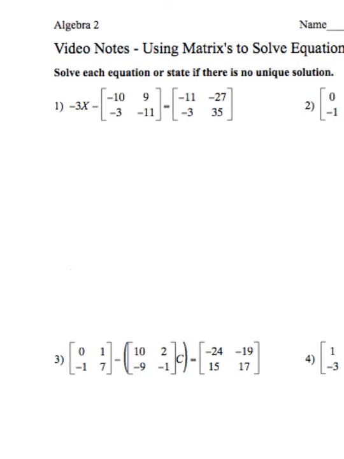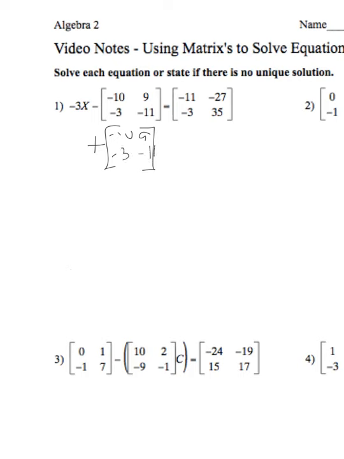So right off the bat, what I see here is a matrix that's been subtracted. So I'm going to do the additive inverse of that. I'm just going to add that matrix. So I'm going to add a negative 10, a 9, a negative 3, and a negative 11.